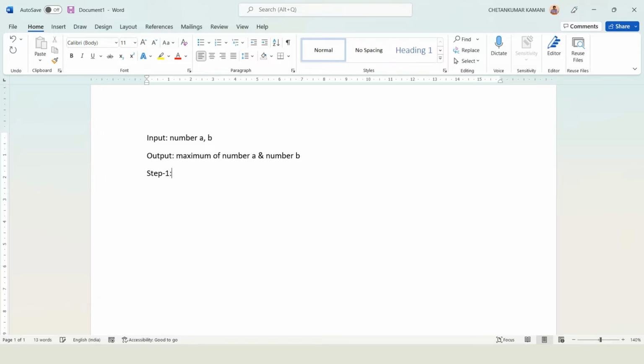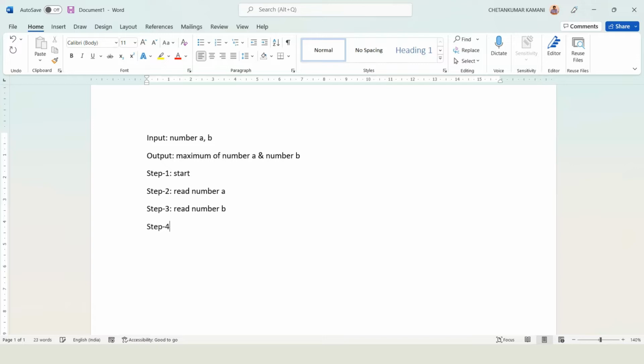Okay, so let's write in steps. Step 1, definitely it would be start. Step 2, read number A. Step 3, same as step 2, that is read number B. You can combine step 2 and 3 into one statement.